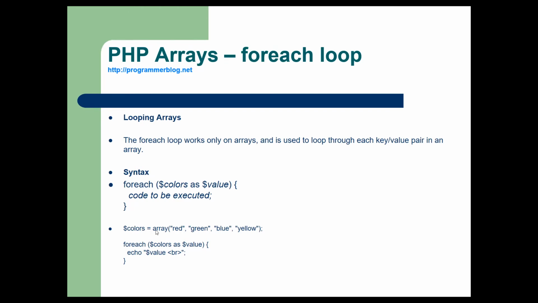We have a $colors array, and this colors array has the values red, green, blue, and yellow. Inside the foreach loop, we add $colors and then the as keyword. With the as keyword, we specify $value, and this $value variable will point to each value inside this array, and we can print or process each of the color values inside our code block.